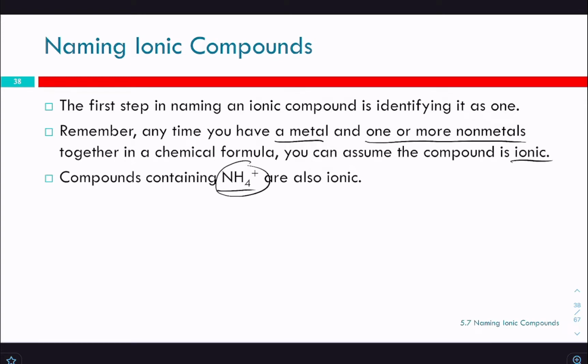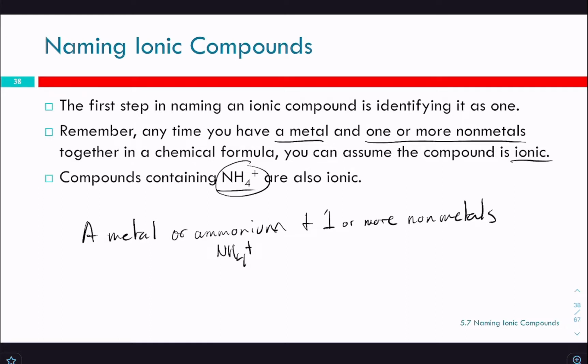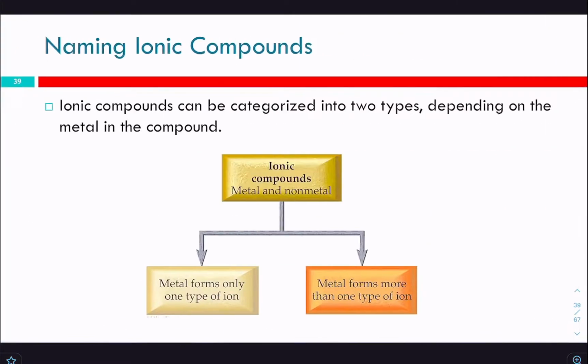So if it's a metal or ammonium, and one or more nonmetals, those are ionic compounds.